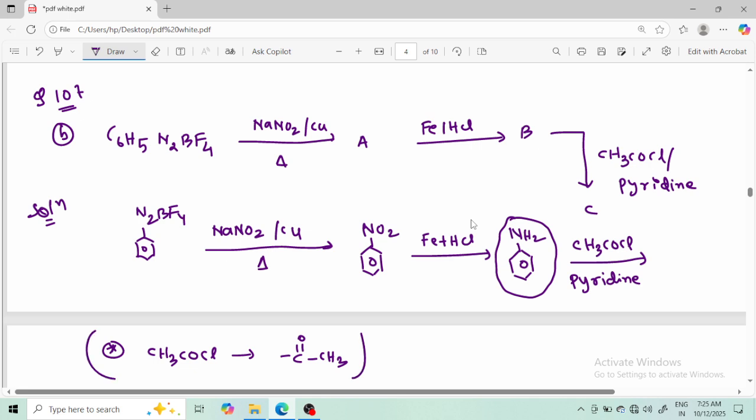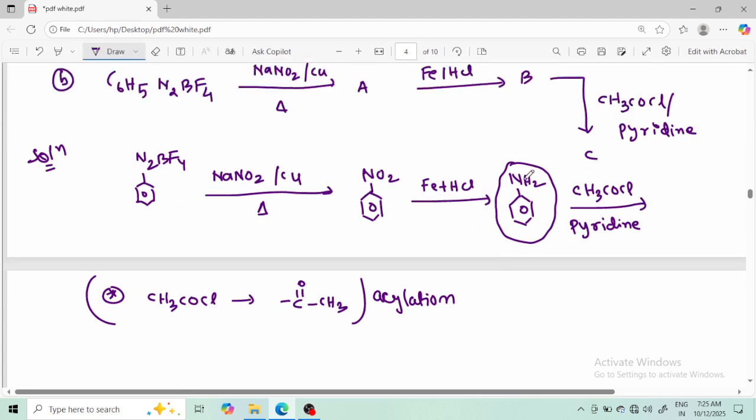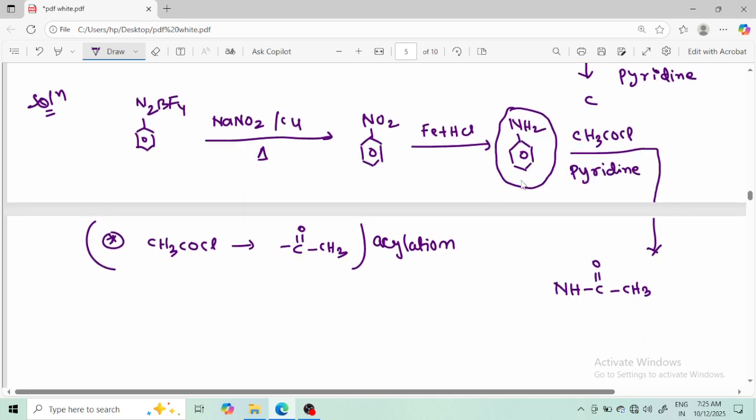We have already discussed this in the acylation part. In the acylation reaction, you have to replace one hydrogen, and in its place you write this part. So it will be NH and then C double bond O CH3, and then it will give you this benzene ring. Yes, in the acylation part we did the same chemical reaction.